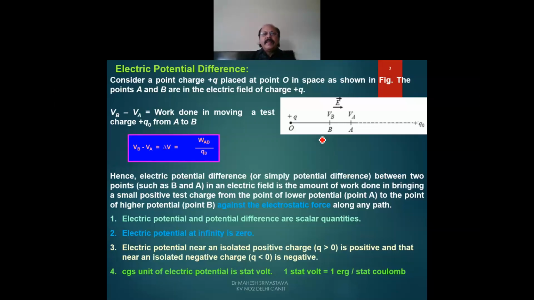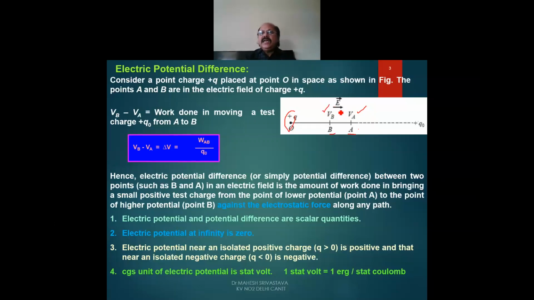We can say that a point charge is placed at point O and A and B are the 2 points in the electric field of the point charge plus Q. Then moving a charge Q naught from point A to the point B, that is the electric potential difference when we calculate the work done for moving plus Q naught charge from point A to the point B. Now we say that at point A, electric potential is represented by VA, and at point B, the electric potential is represented by VB.